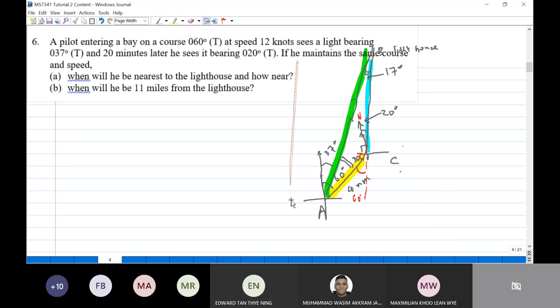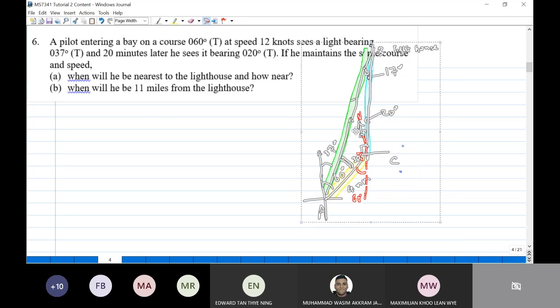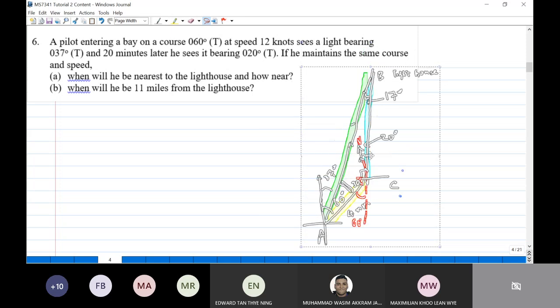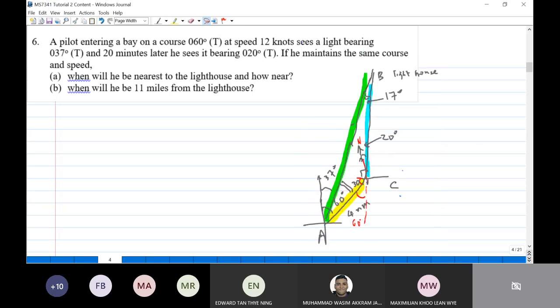Okay, then withdraw it. Okay, there is so much information that I want to simplify the triangle now. So I want to erase the angle B, the C here, so that I know this angle is actually 140 now.